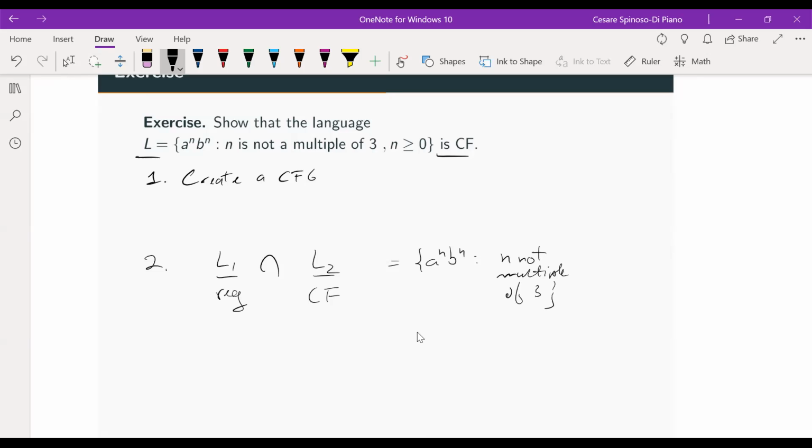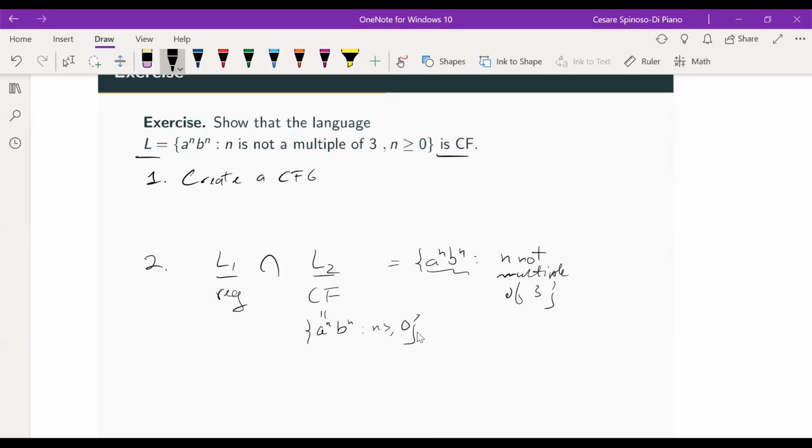So very good, it looks like someone already guessed something. What can L2 be? Because I have a^n b^n, a good choice is a^n b^n, which is context-free. I know this is context-free, and I don't need to prove it again.